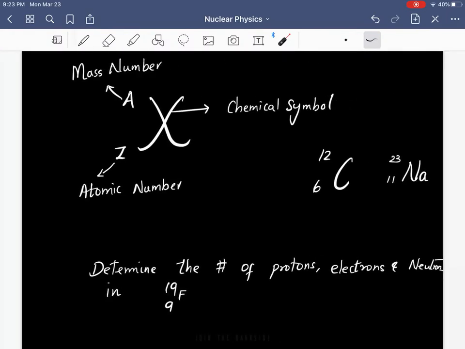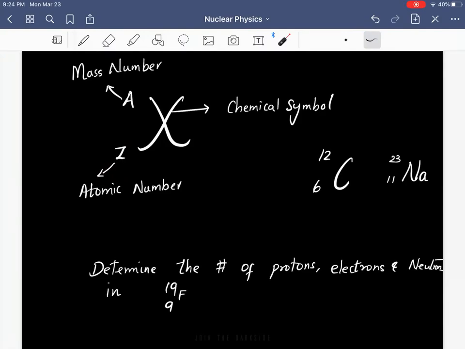Okay, so this is how you designate an atom. X stands for the symbol. There are two-letter symbols and single-letter symbols, depending upon the element. You will always have a mass number which goes on the top left of the atom, and an atomic number which goes on the bottom left of the atom.